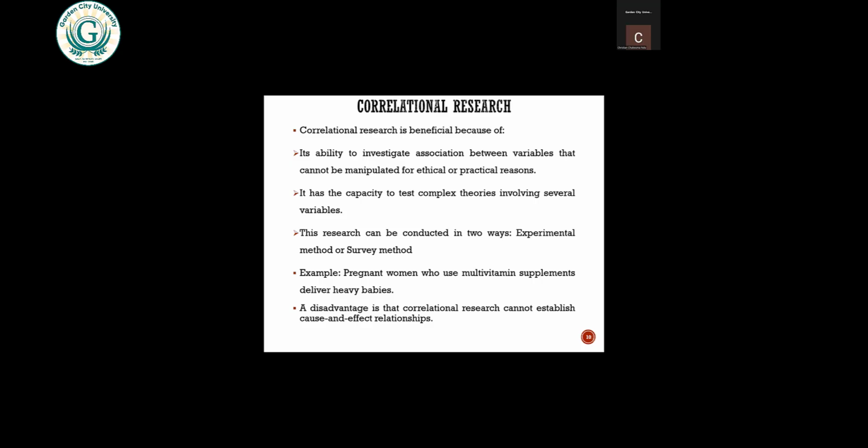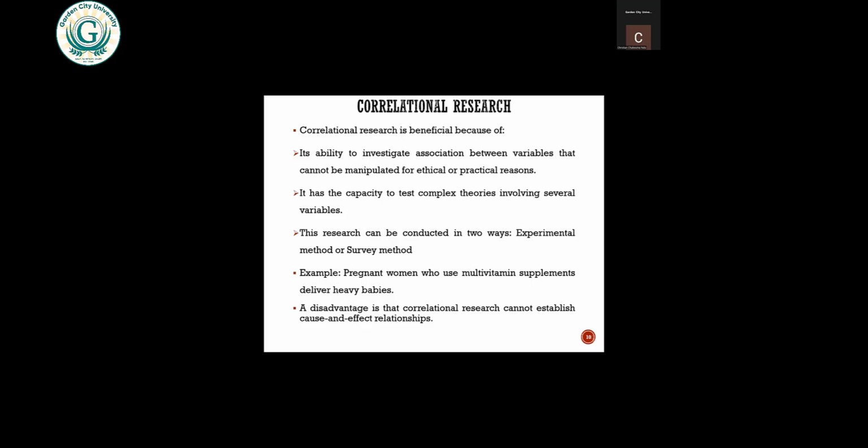You can't manipulate the divorce status because you are not going to bring her parents back to be married. You can't manipulate the community she's living in, whether in a rural or in an urban area, because you can't relocate her.